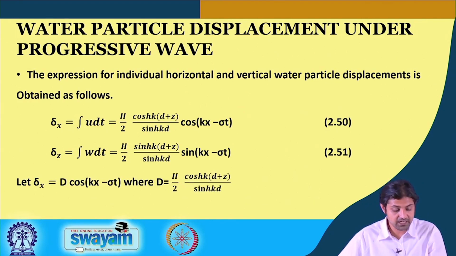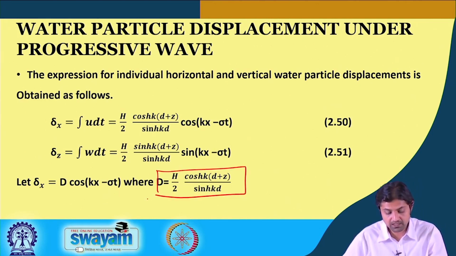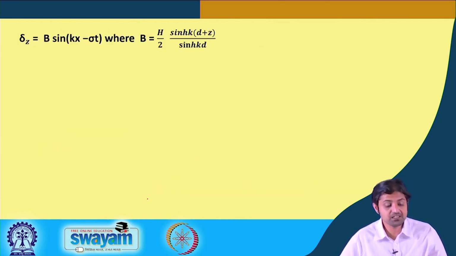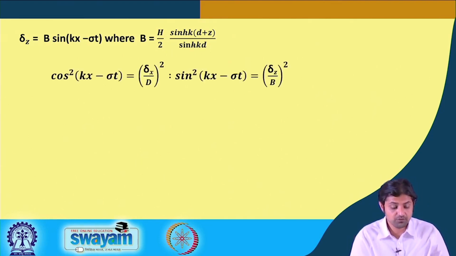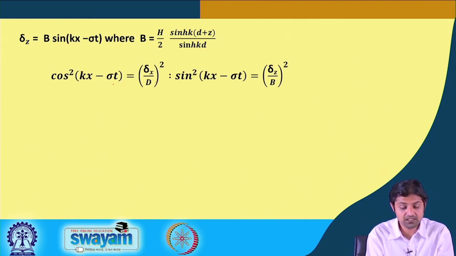Now, if we say delta x is equal to D cos(kx minus sigma t), and we say D is H by 2 cosh(k(d plus z)) divided by sinh(kd). And similarly, we assume delta z is B sin(kx minus sigma t), where B is a different quantity, H by 2 sinh(k(d plus z)) divided by sinh(kd).